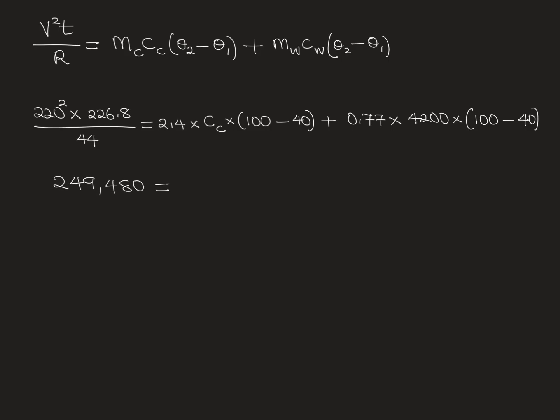This is equal to 2.4 times the specific heat capacity of the copper calorimeter times 100 minus 40, which is 60, plus 0.77 times 4,200, which is 3,234, multiplied by 100 minus 40, which is 60.